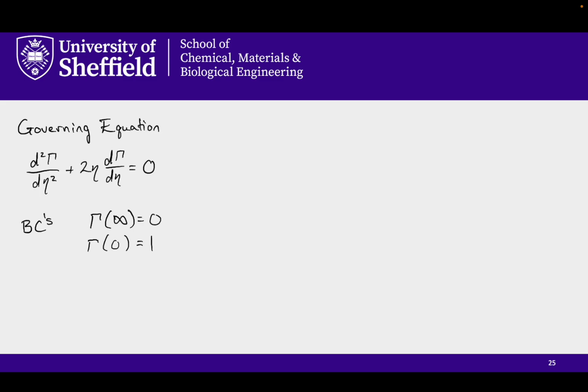So here's everything we need to work with: our governing equation and our two boundary conditions, because we've reduced the dimensionality of the problem from 3 orders of derivative to 2 by using a similarity variable. So to solve this, we substitute in a variable u equals the first derivative of gamma with respect to eta.